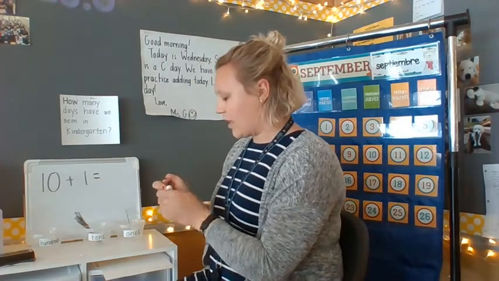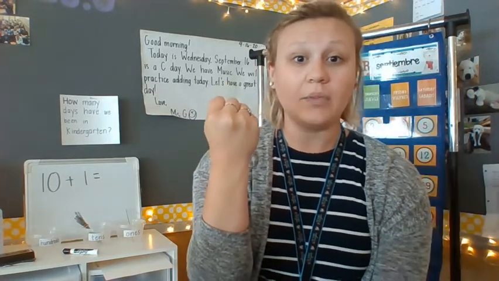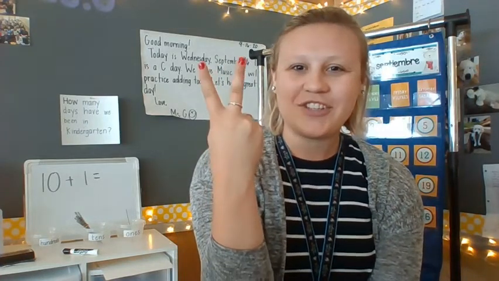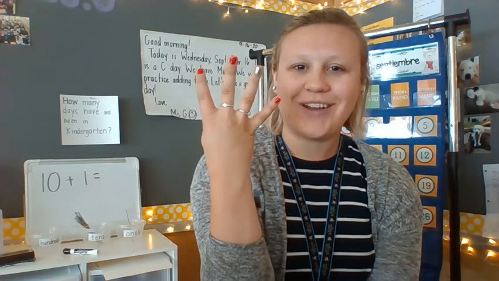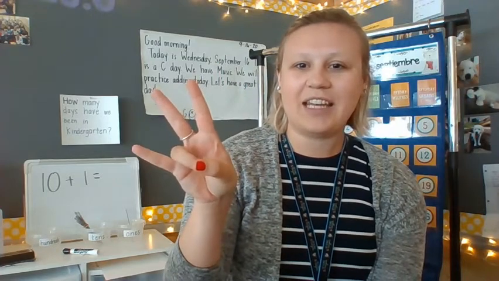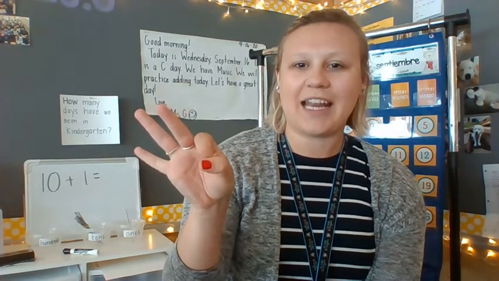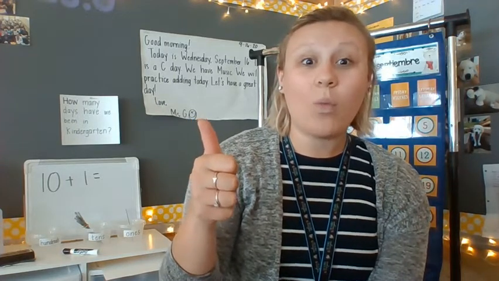Now, let's use our fingers to count. Let's practice our sign language, excuse me. Here we go. 1, 2, 3, 4, 5, 6, 7, 8, 9, 10, and then we have to add one more.